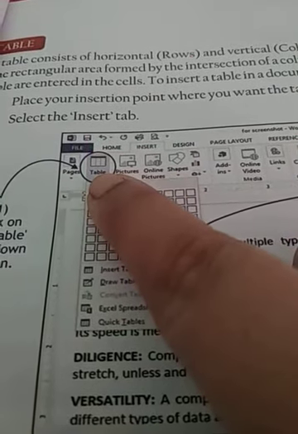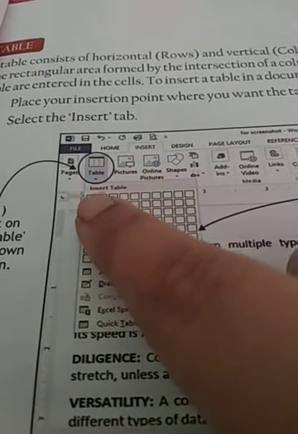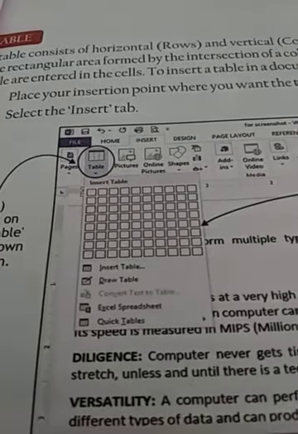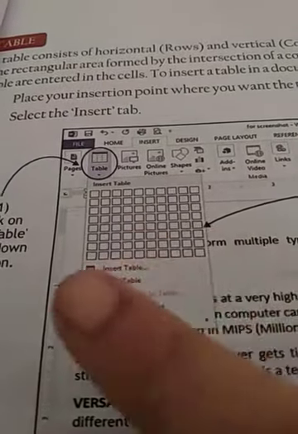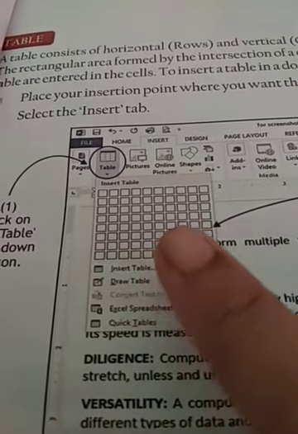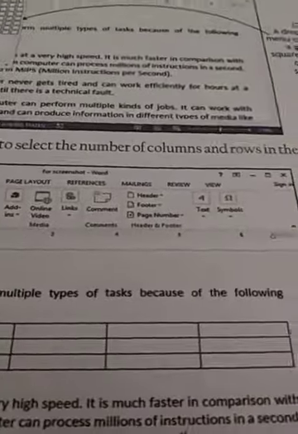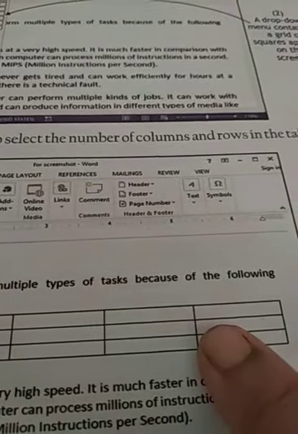The table is given here, and from the menu bar we'll select table, and we will select as many rows and columns as we need. Your table will not look exactly like what is displayed here. It will look somewhat like this. Here you see this one. This will be your table.